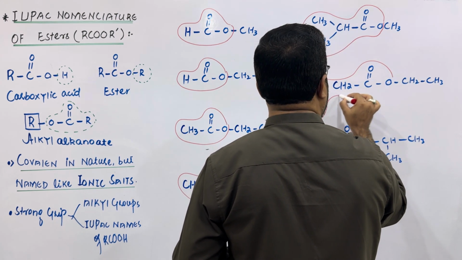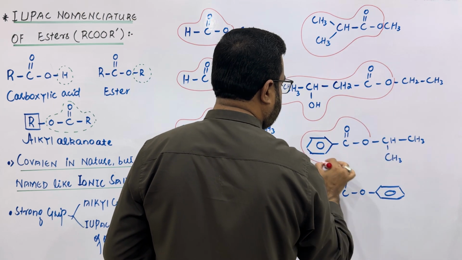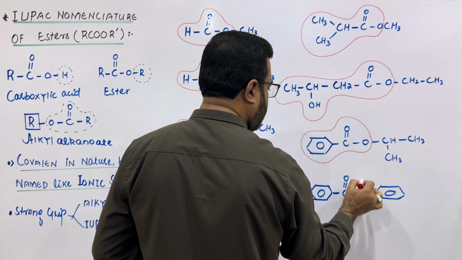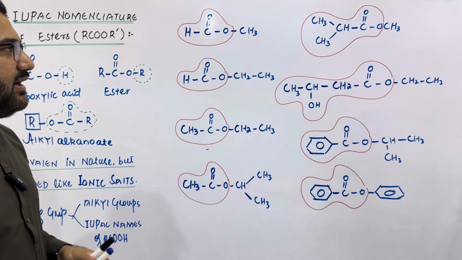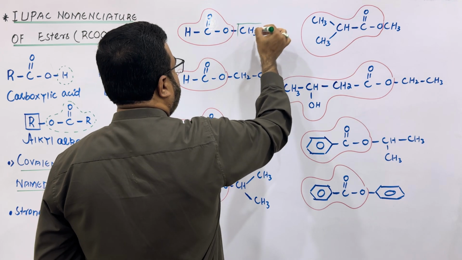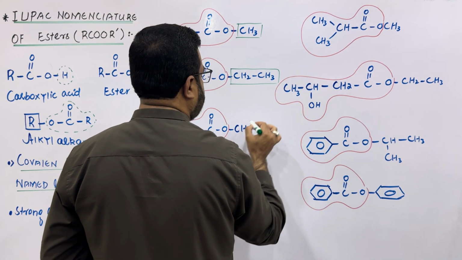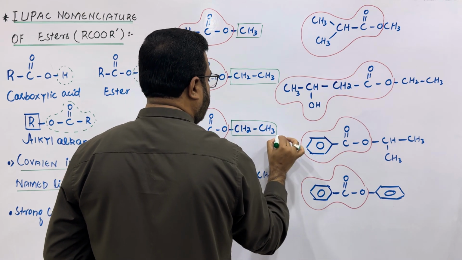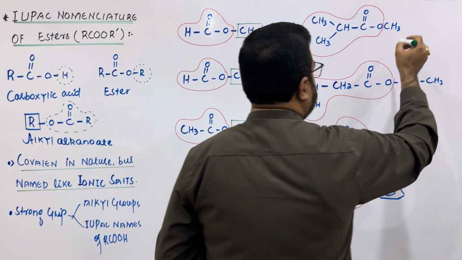So, all these portions that are encircled in red are from the carboxylic acid from which the ester is derived. And my dear students, the second portion is the pure hydrocarbon portion, and it is an alkyl group. And those all encircled in green are basically the alkyl groups in every ester.